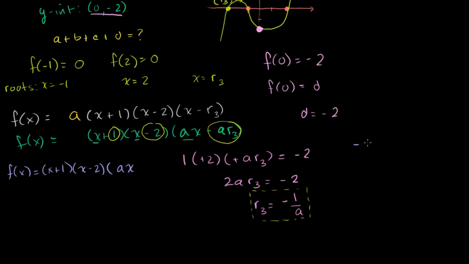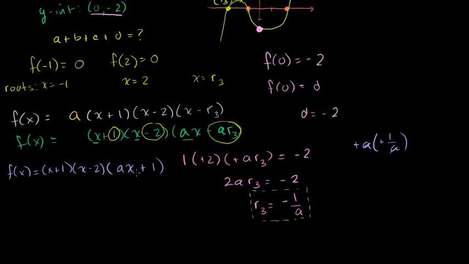Minus a times r3 is minus a times -1 over a. So that's a minus times a minus, that's plus. The a's cancel out, you just get a 1. So this term now, if we substitute r3 with that, will just turn into ax + 1. We just substituted that for that to get this right here.